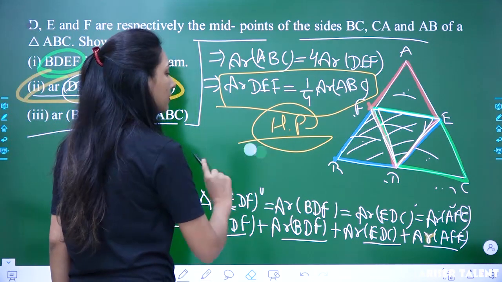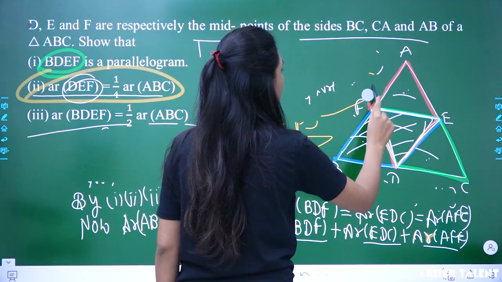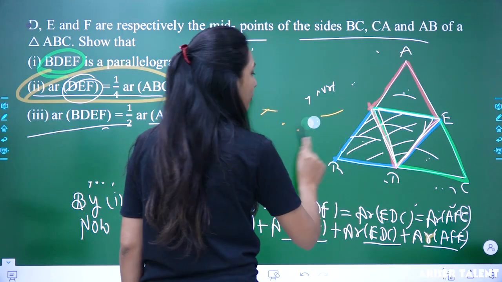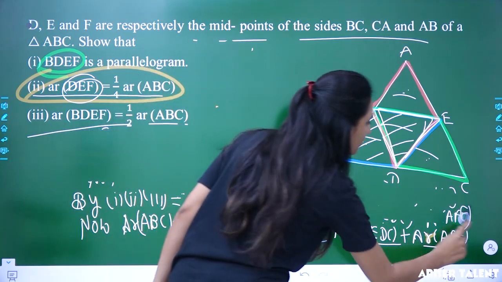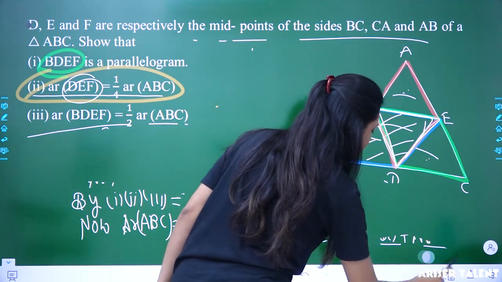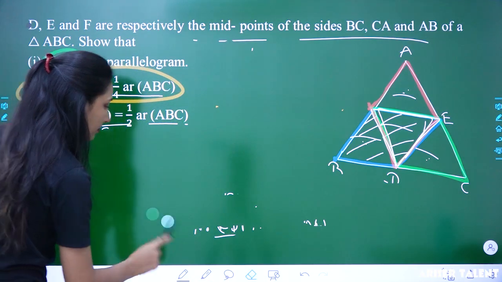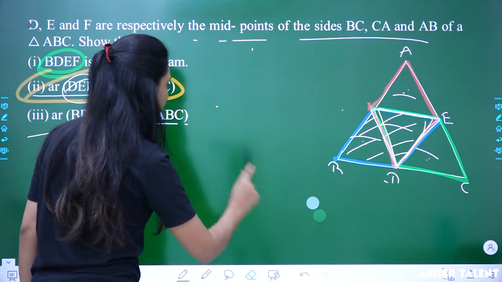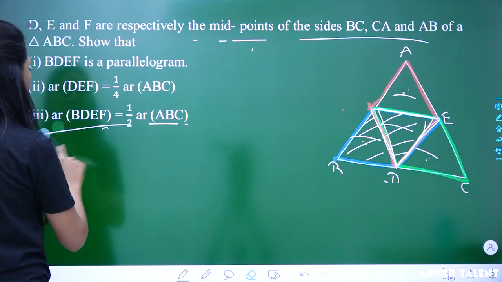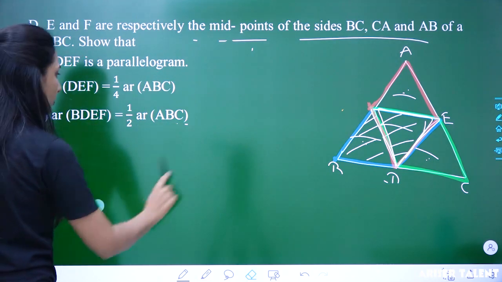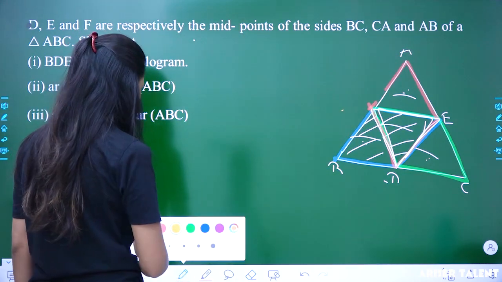Okay, about the third one. This is the point F. Okay, name them again.